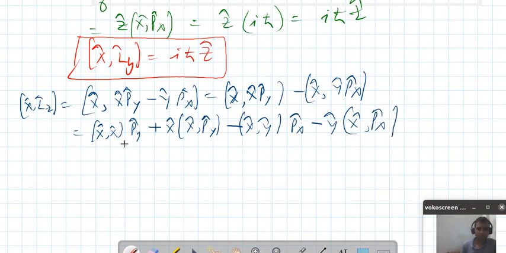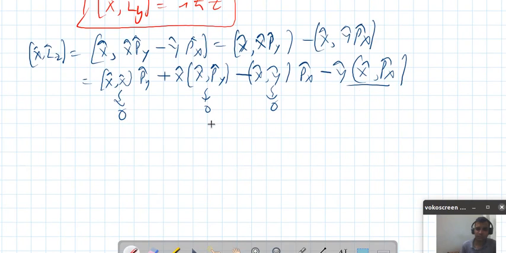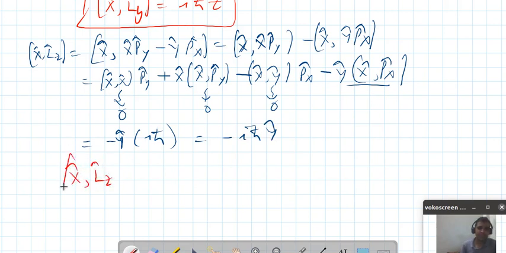So this is equal to 0, this is equal to 0, this is equal to 0, but this part is not equal to 0. It is equal to iota h cross. So it is minus y iota h cross, so it is minus iota h cross y. So if I sum up this result, then the commutator [x,Lz] is equal to minus iota h cross y.